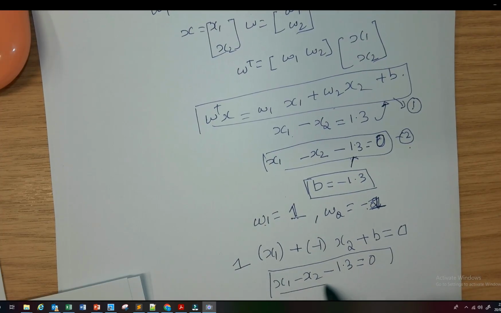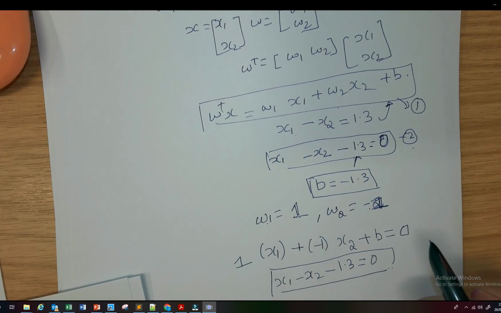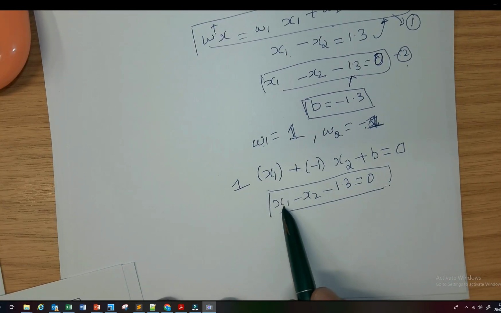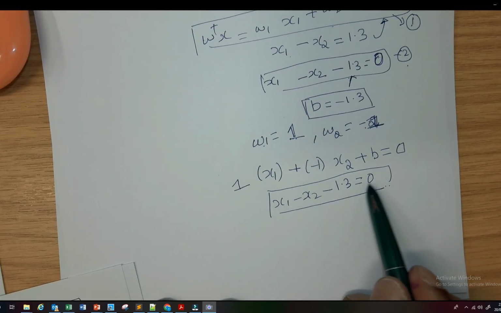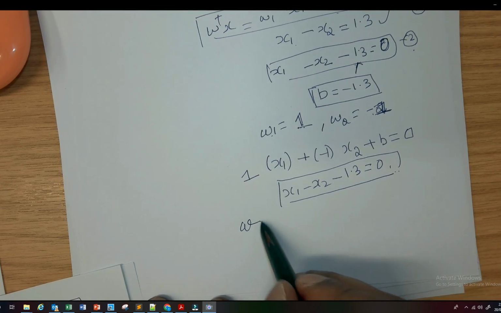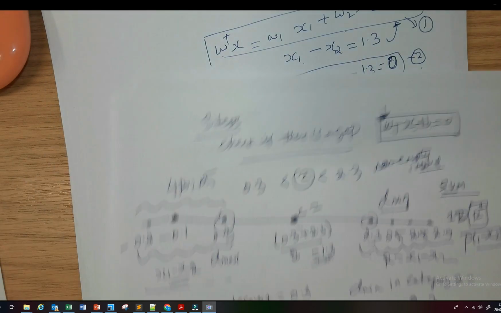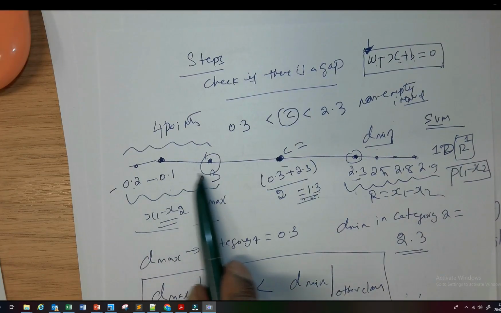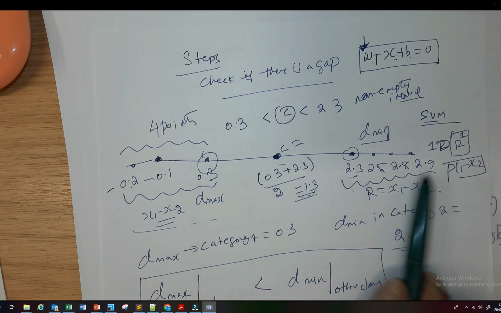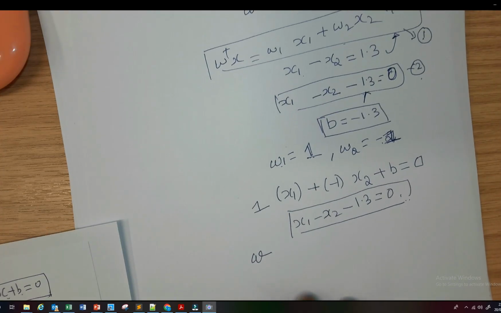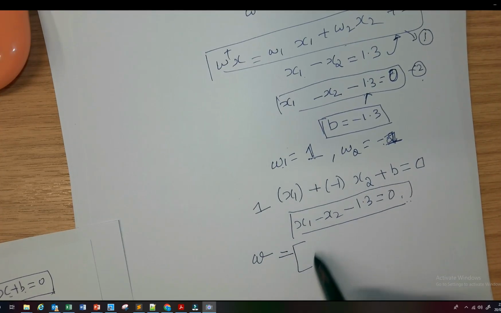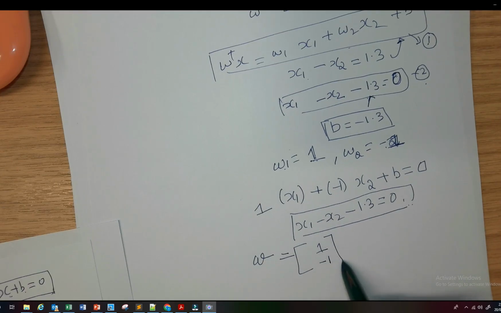So the equation of the hyperplane is x1 minus x2 minus 1.3 equal to 0, and the vector, because what we identified is already separating the data to one side and the other side, isn't it? So possibly that vector w is equal to (1, minus 1).